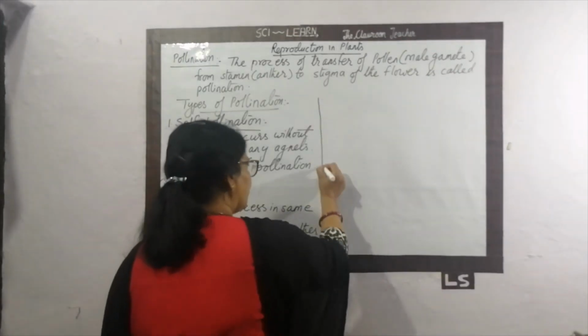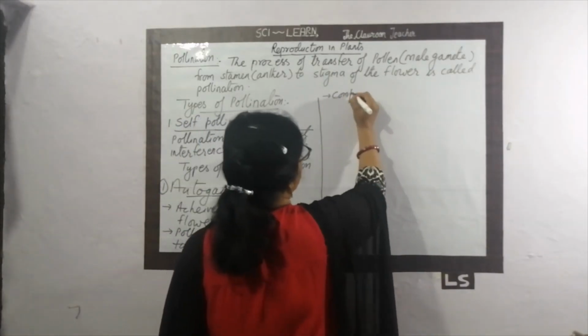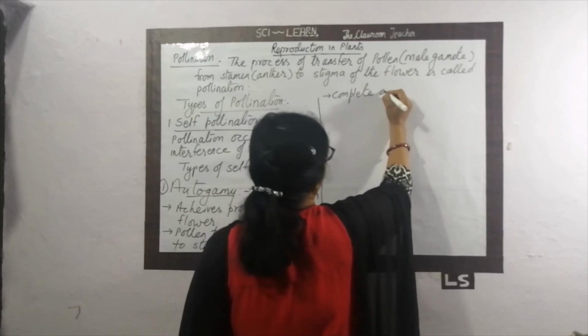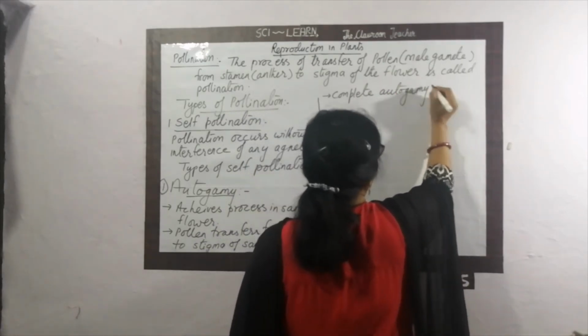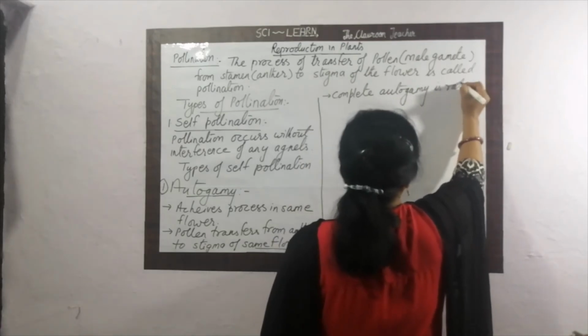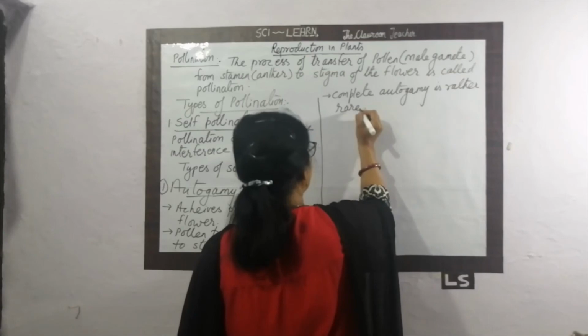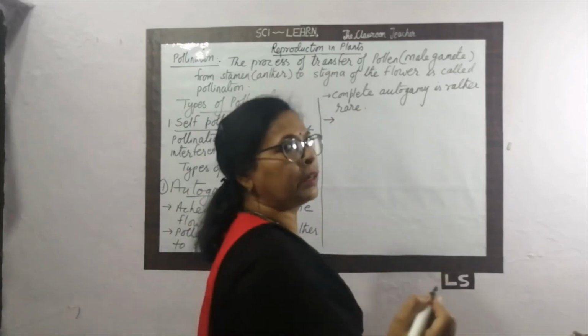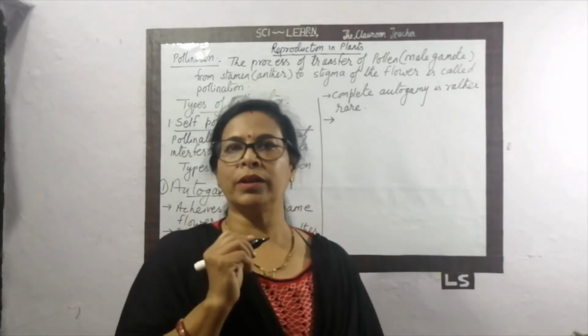The third character is that complete autogamy is rather rare. Why is it rare? Why is it not achieved all the time? Why does it not occur always? Because something is very important.